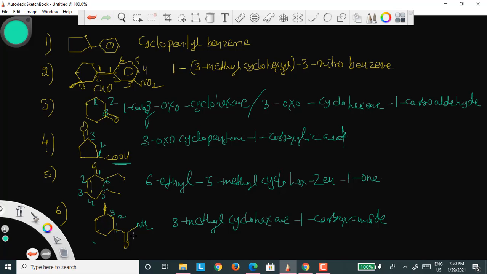So that means what can you say? If the alicyclic ring is directly attached to the carbon containing the functional group, the carbon atom of the functional group is not included in the parent name of the alicyclic ring. Then the prefix and suffix are given like this. We can make a table for this.